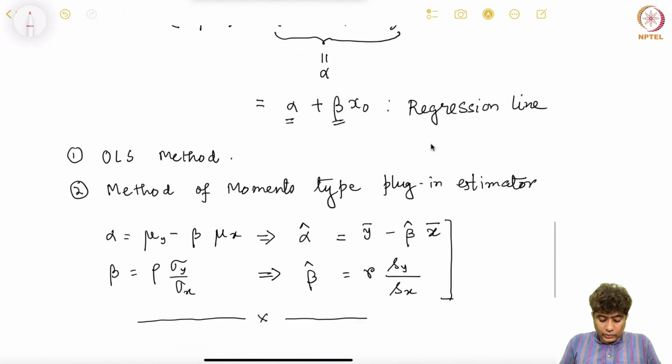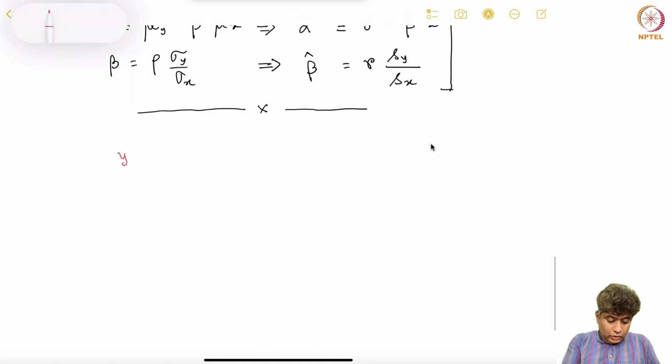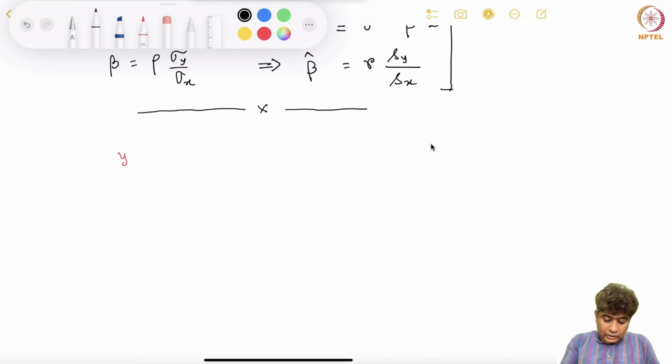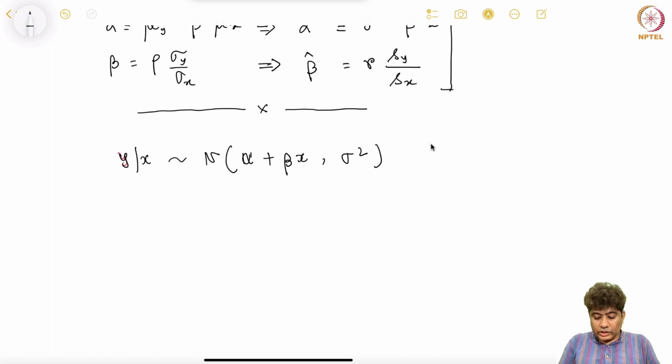Now look carefully: y given x follows normal alpha plus beta x comma some sigma square. This is my conditional distribution. So I have to estimate this sigma square.